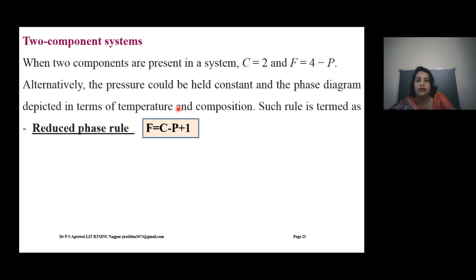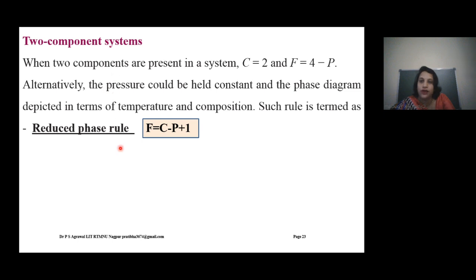So that's why the phase rule F is equal to C minus P plus 2 is now reduced to F is equal to C minus P plus 1. One variable is kept constant so that we can plot this two component system on a simple paper. That's why this is known as the reduced phase rule.